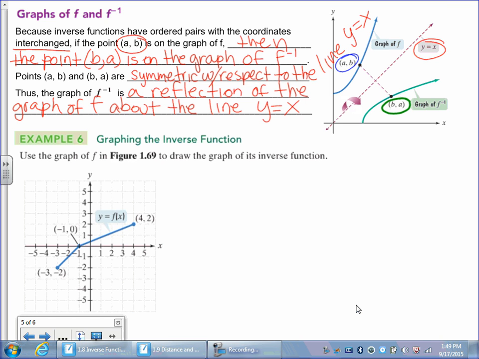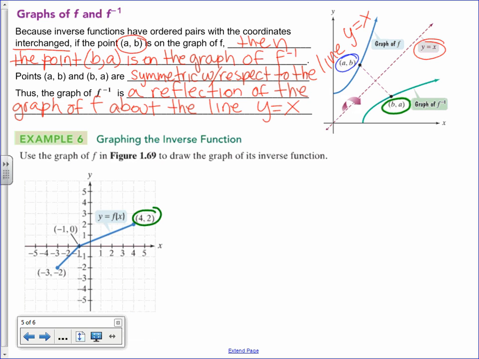Start by using the reference points (4, 2), (1, 0), and (-3, 2). Remember, there's no need to change the signs. You're only interchanging x and y.